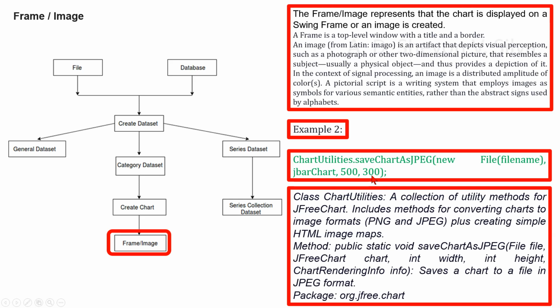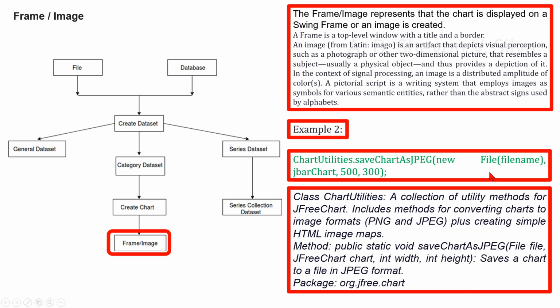Saves a chart to a file in JPEG format. Here this is the file null not permitted and chart null not permitted, the image width and the image height.